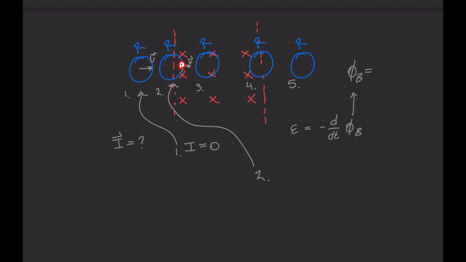So the force due to the magnetic field on this side of the loop will be upwards. So you can imagine if all of this charge wants to go in this direction, and this charge is doing nothing because it's not feeling the magnetic force yet, then all of this charge will push and start creating a current going this way. So the current for that one, I would say, I is counterclockwise.